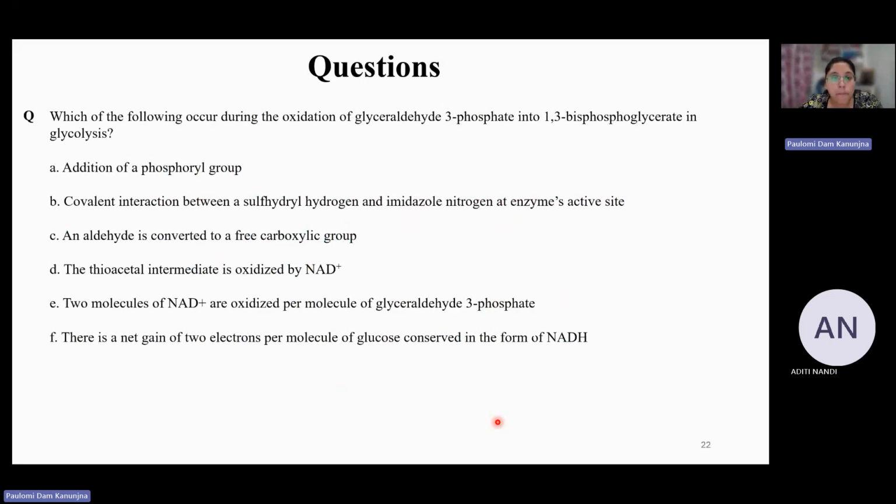Right. So, the step where glyceraldehyde 3-phosphate is converted to 1,3-bisphosphoglycerate, what all steps are actually happening in that reaction?